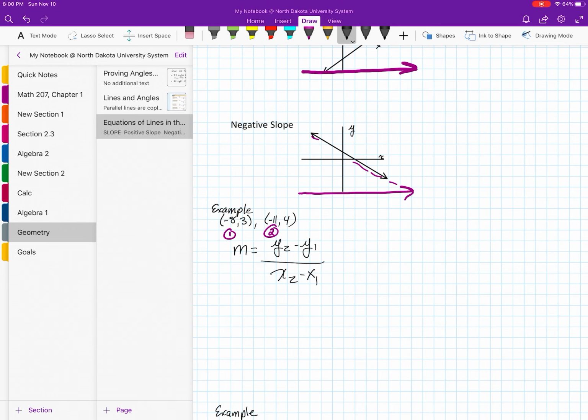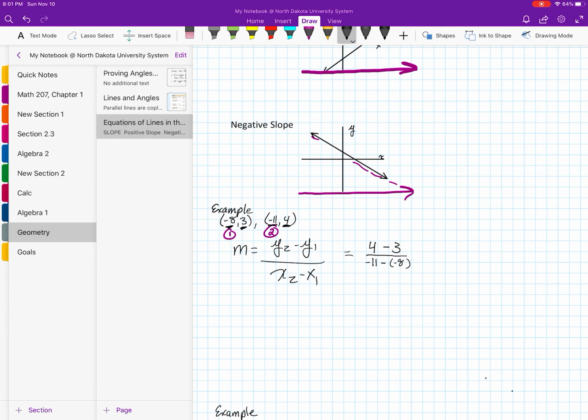So let's call this point 2. I want my y coordinate from point 2, which is 4, minus my y coordinate from point 1, which is 3, over my x coordinate of point 2, which is negative 11, minus my x coordinate of point 1, which is negative 8.